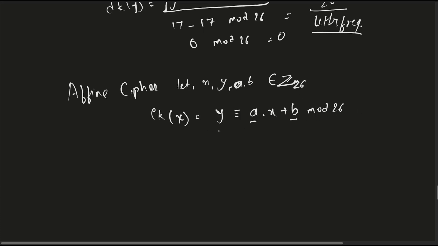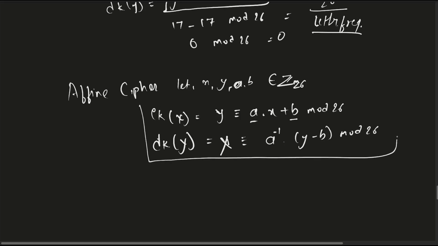So this is a little more complex as compared to the other one. And for decryption of y, in other words, we are going back to the x. So this is going to be equal to the inverse of a times y minus b mod 26, and this is the Affine cipher.